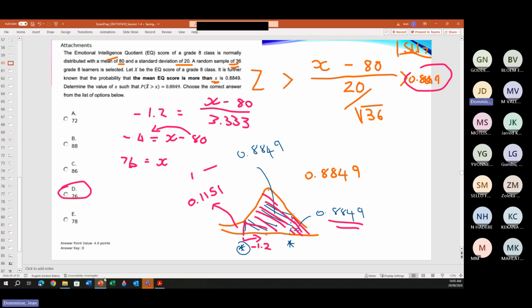Okay, so this is a bit different from, again, the previous ones. This made me think twice, because originally I looked at that and my original thought was, okay, it's going to be somewhere here, but then remember more than, so I can't in that small area now suddenly have 0.8849.